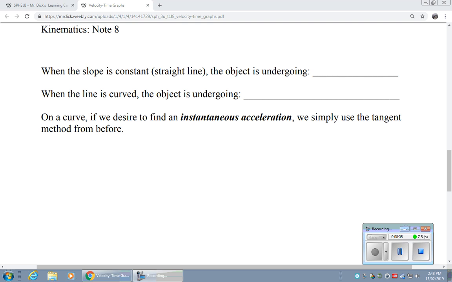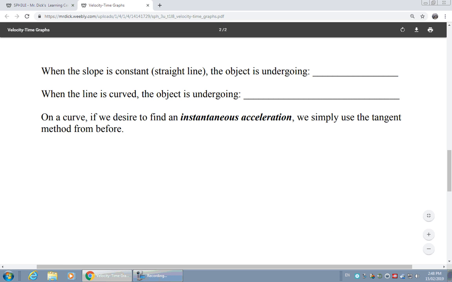So to finish off, we can summarize a few of the things that we found here. So when the slope is constant, or in other words, we have a straight line, we know that the object then must be undergoing a uniform or a constant acceleration. So whatever acceleration rate it's experiencing is staying the same. So constant acceleration.